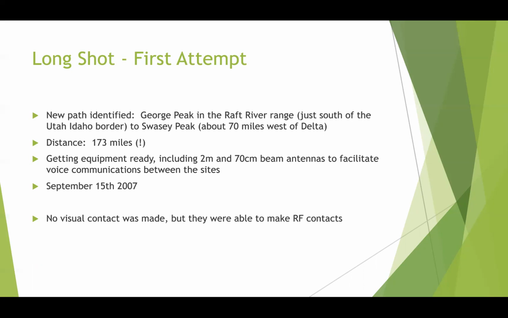They were able to point the Yagi at the 6.2 repeater on Farnsworth and have a conversation with somebody in Ogden. That was kind of cool. But they were out there and it just didn't quite work. They were not able to get any visual connection between the two sites.